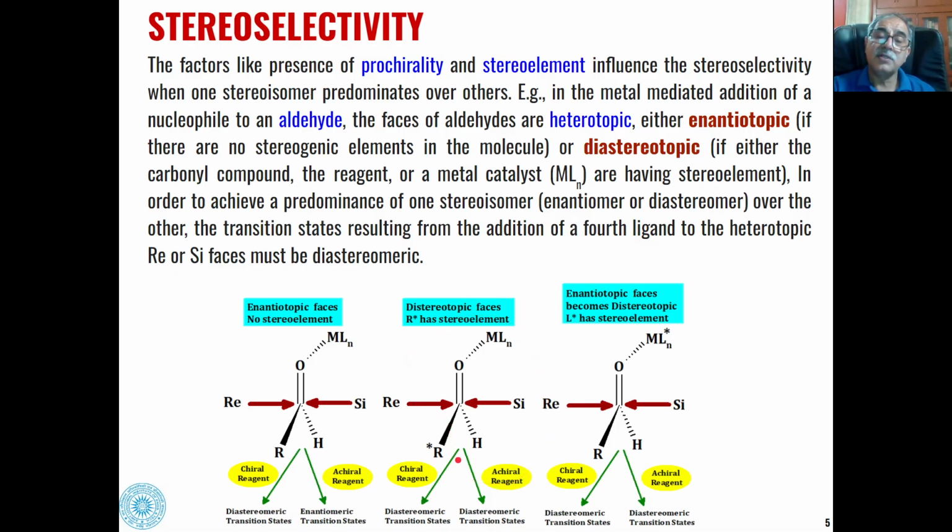The second situation is where this R has a chiral element present. So this has a stereo element present. That means the reactant we are using, the aldehyde, is already chiral.